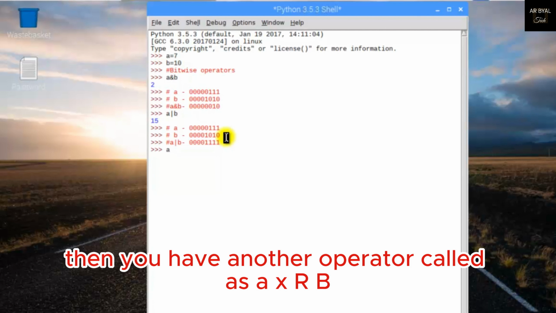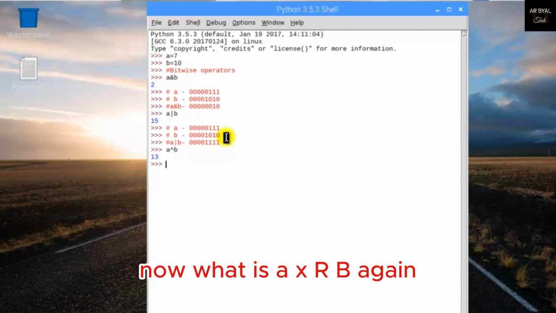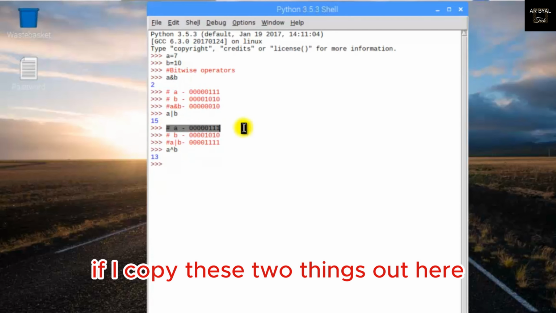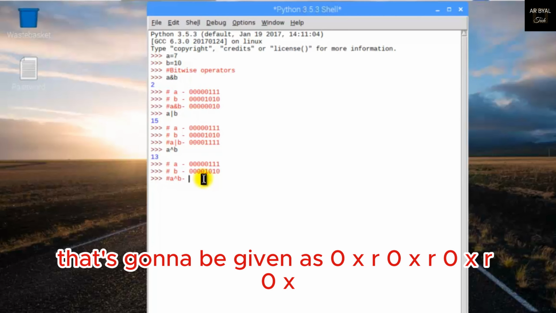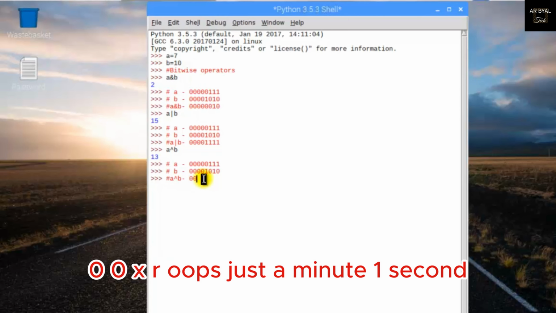Then you have another operator called A XOR B. Now what is A XOR B? Again, if I copy these two things out here, A XOR B is going to be given as 0 XOR 0 is 0, 0 XOR 0 is 0.